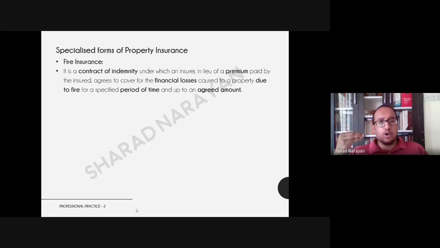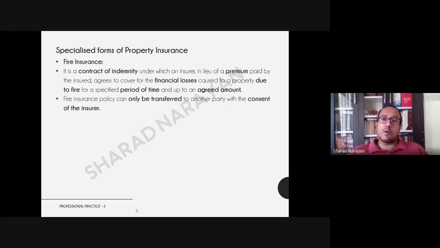So when you're talking about fire insurance, it's a contract of indemnity, and it covers financial losses due to fire for a specified period of time only and up to an agreed amount only. Fire insurance policies can only be transferred from one party to another with the consent of the insurer.